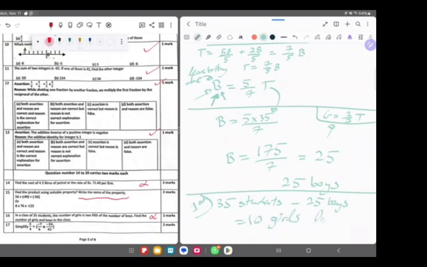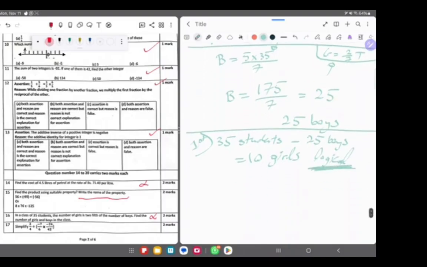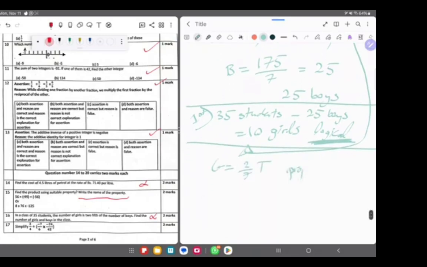This is logical, and some students immediately go for this solution. But usually, we need to use the one which is G equals 2 over 7T. This is the proper way of doing it.